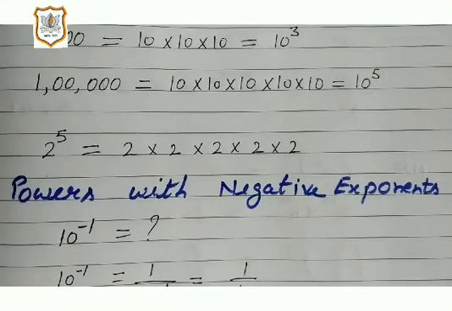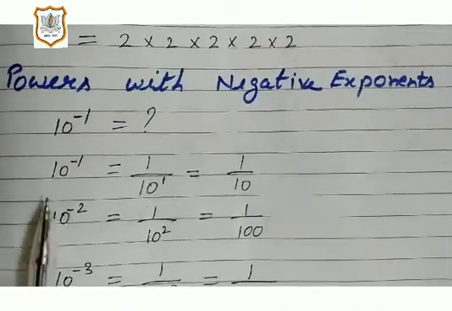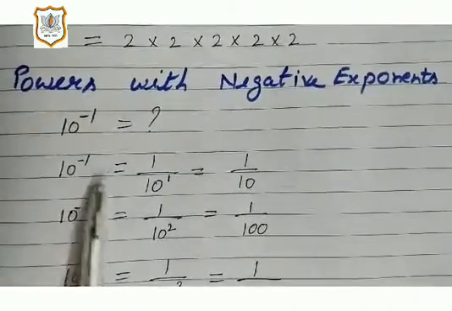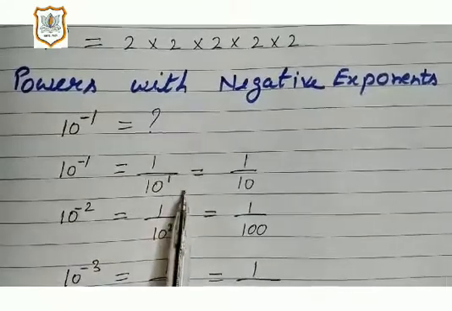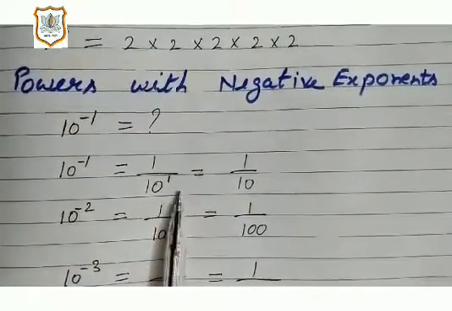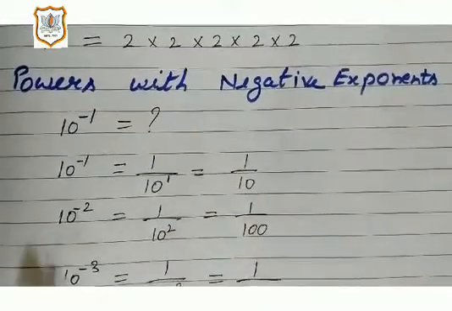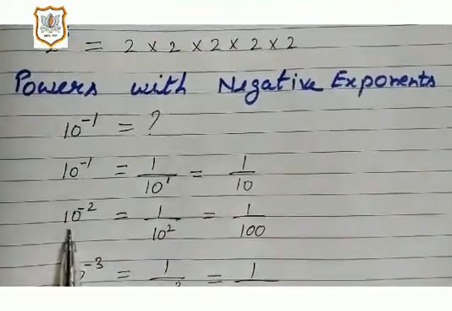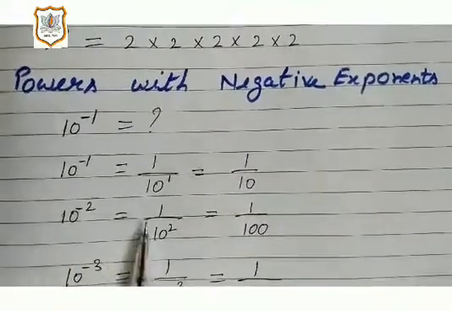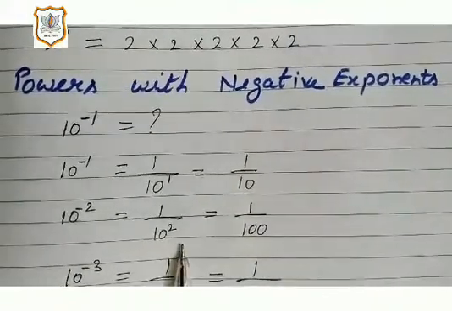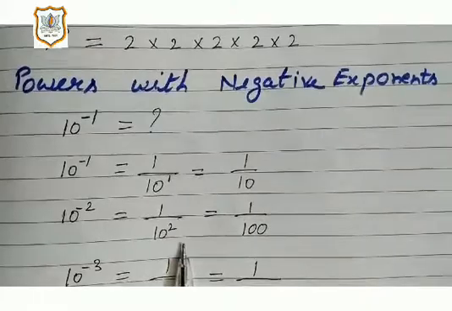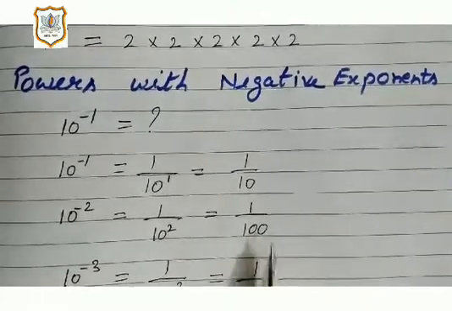Let us now find what 10 to the power minus 1 is equal to. Students, 10 raised to power minus 1 is equal to 1 upon 10 raised to power 1, which is equal to 1 upon 10. Similarly, 10 raised to power minus 2 is equal to 1 upon 10 raised to power 2, which is equal to 1 upon 100.